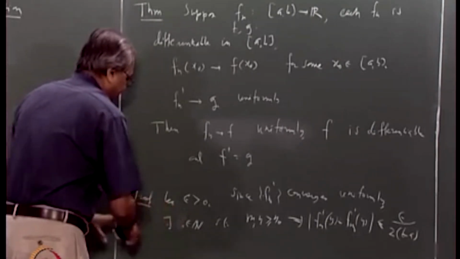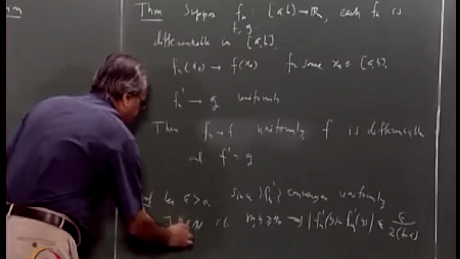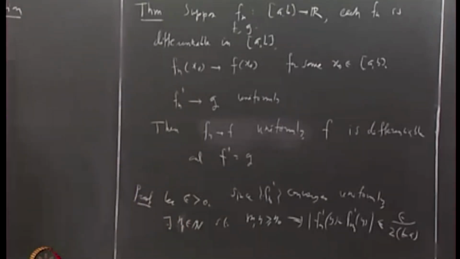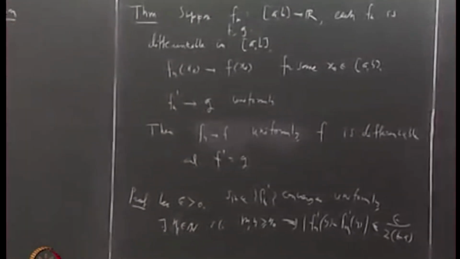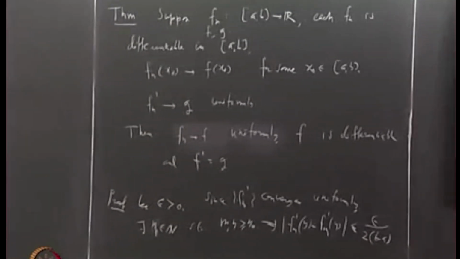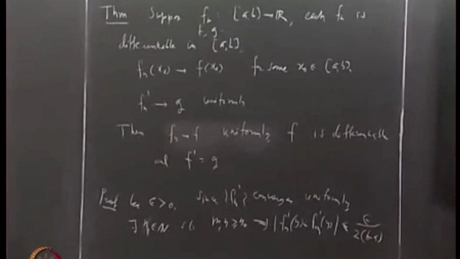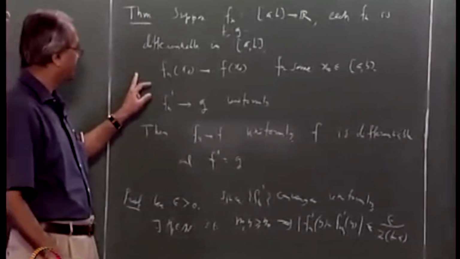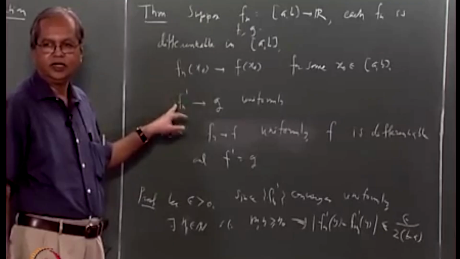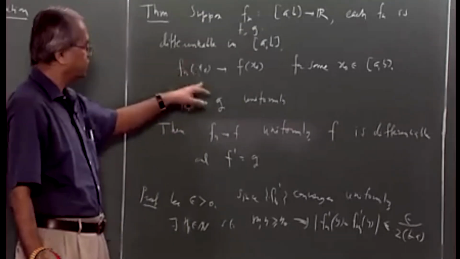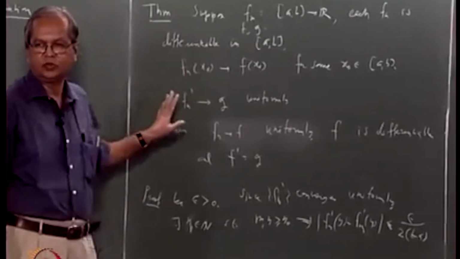Let us call it n1. So consider m and n bigger than or equal to n1. Then there will exist n2 such that whenever m and n are bigger than n2, fn x naught minus fm x naught is less than epsilon by 2.